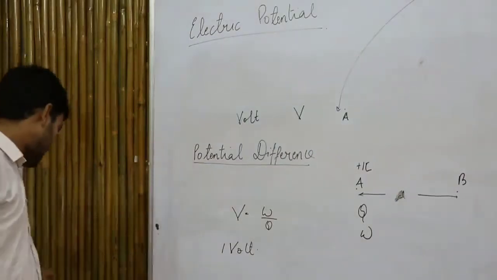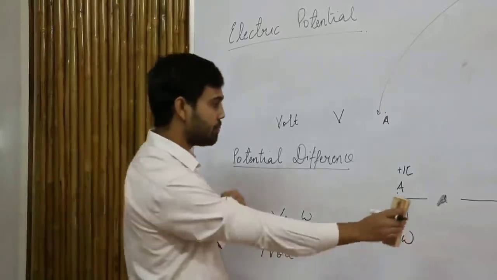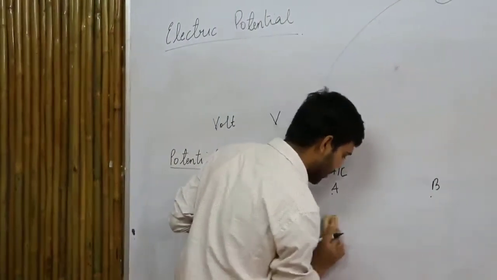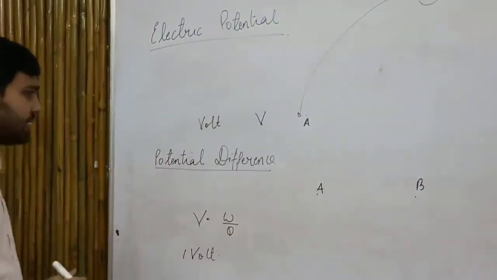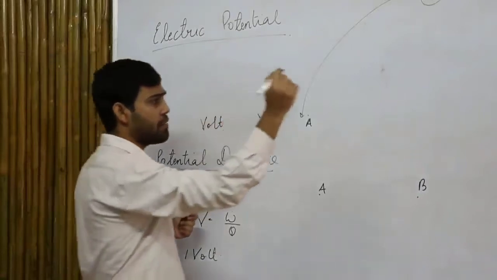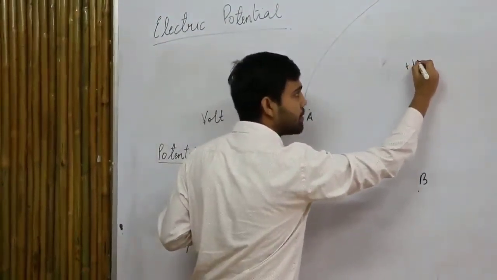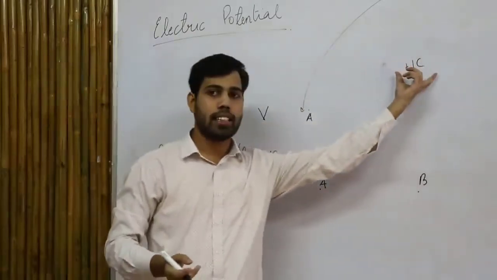Another important concept that we need to know for numericals, I'll do this. Suppose I have these 2 points, point A and point B, and I have a positive charge at infinity. I have a unit positive charge at infinity.